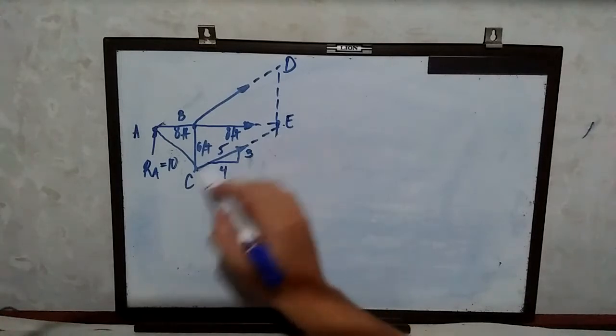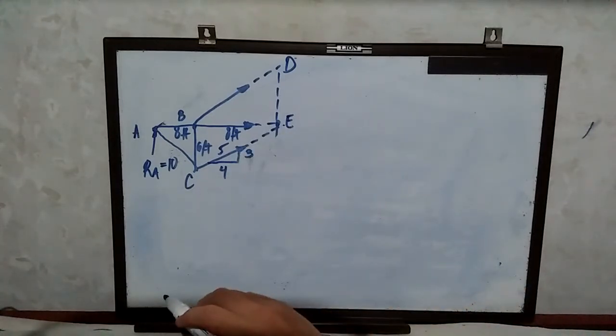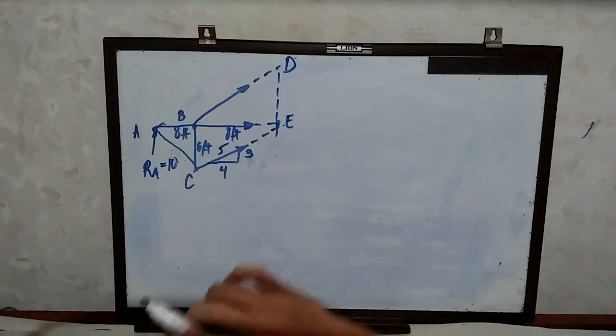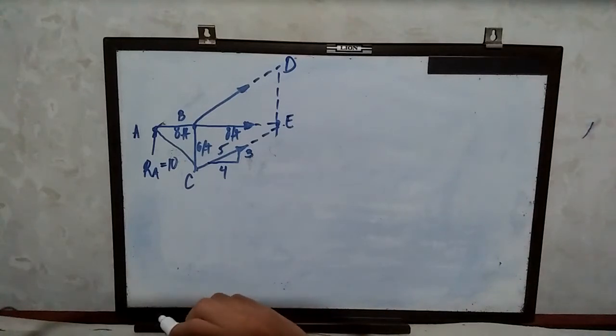Solving for member CE. Let's use the principles of summating all of the moments for this section. So the question here is, where should be the perfect point where we apply the summation of moments?